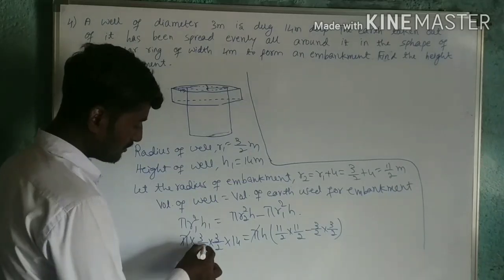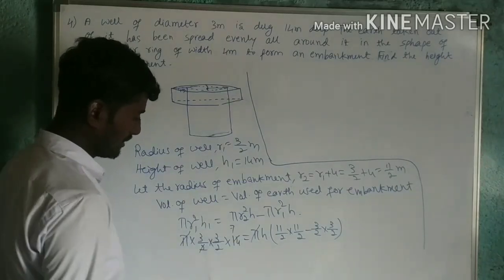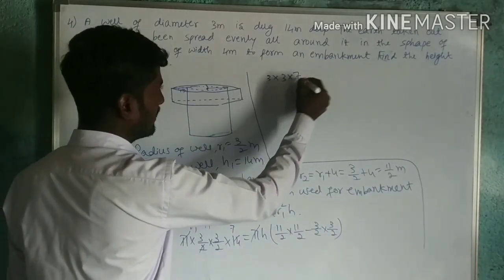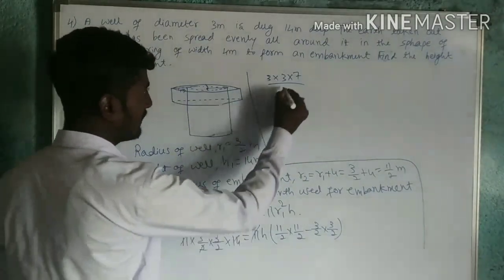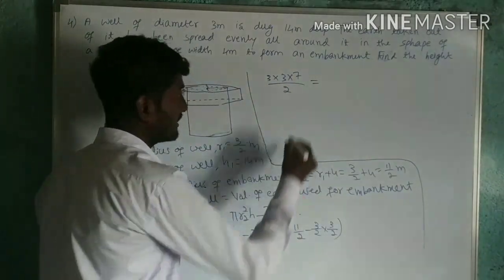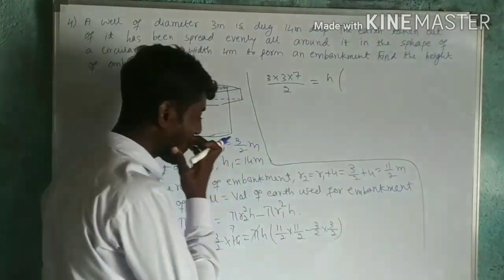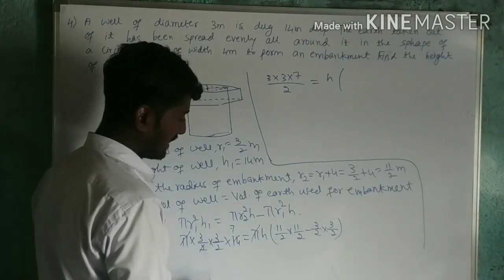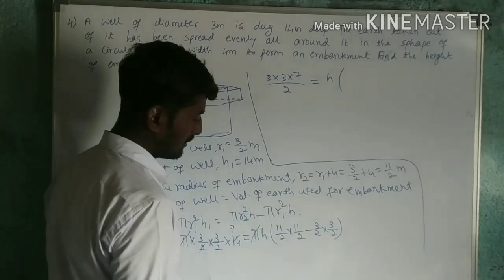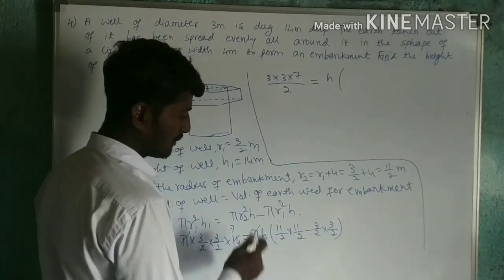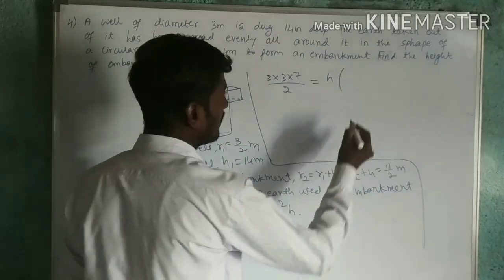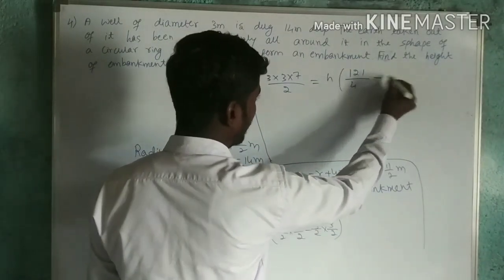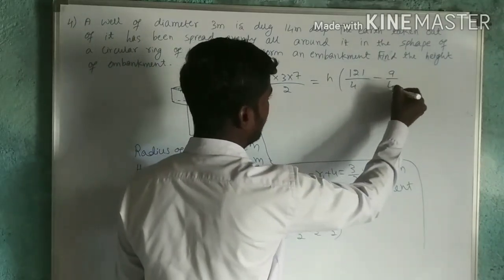Now here, 2 ones are 2, 7 twos are 14. Next, left side what will be there? 3 into 7 divided by 2 only. Right side, h into 11 squared, 121 divided by 4. Otherwise you can take LCM. So 121 divided by 4 minus 3 threes are 9 divided by 4.